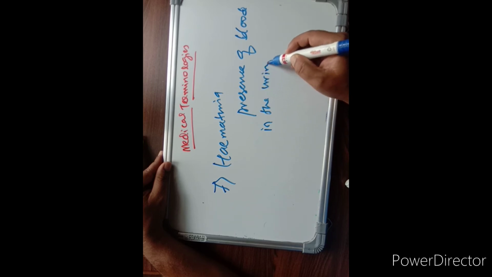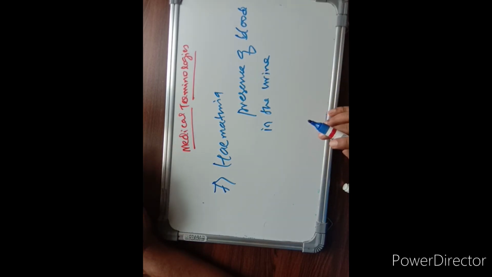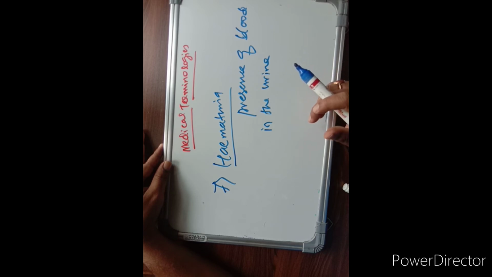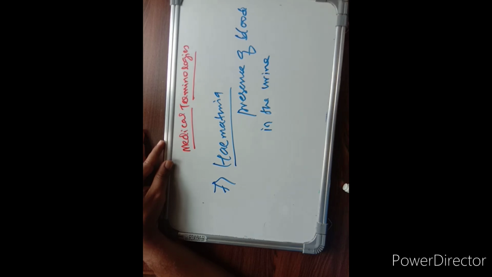So when you see there is a presence of blood in the urine, when we do urine microscopy, we will see whether there is any presence of red blood cells or any blood cells in the urine. If there is a presence of blood cells like RBC in the urine, that indicates hematuria. The urine color may also change to cola color, which also indicates hematuria.